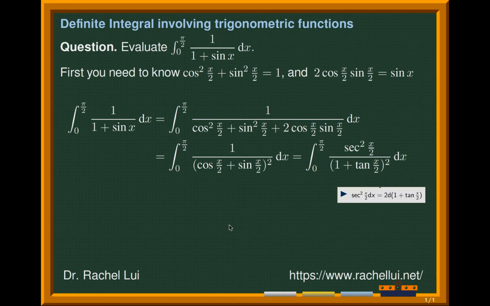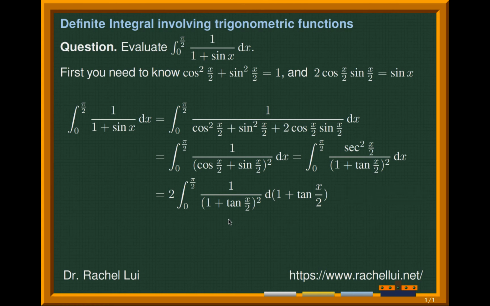The next thing that we realize is that secant squared x divided by 2 dx is equal to 2 times the differential of 1 plus tangent x divided by 2. So the whole thing becomes the integral from 0 to pi over 2 of 1 over a squared da, with the 2 kept in front.